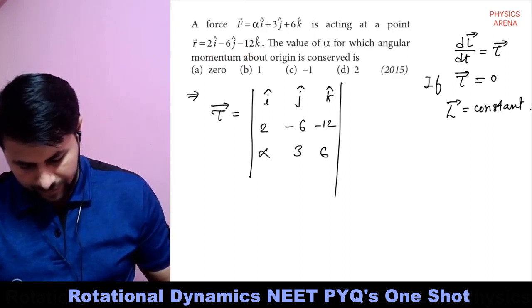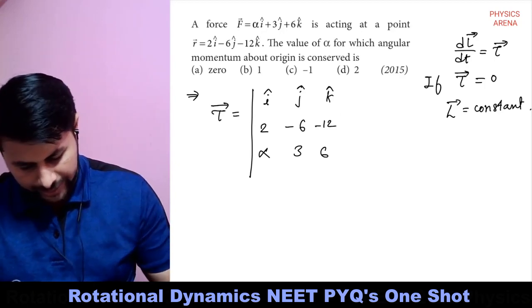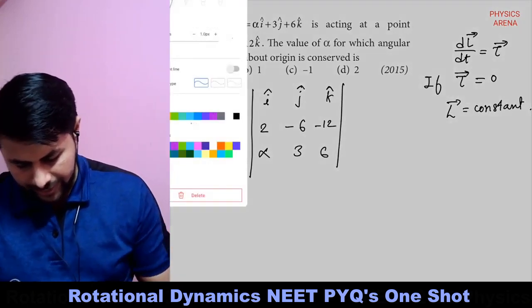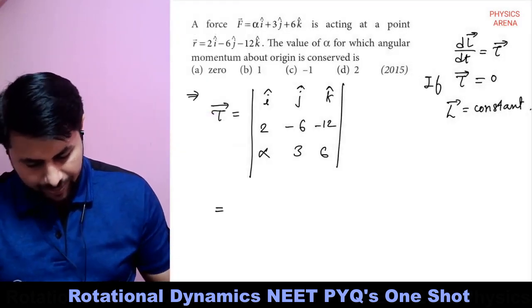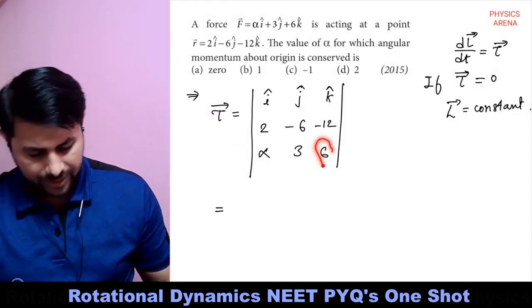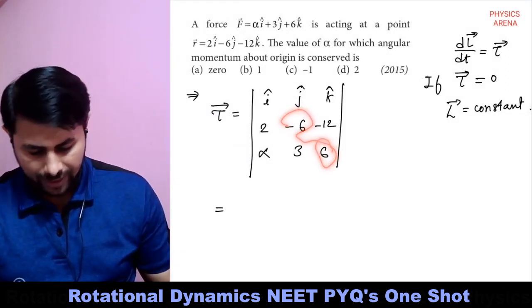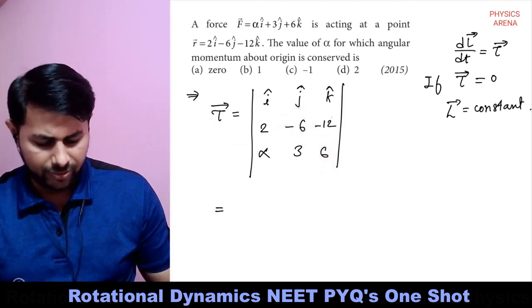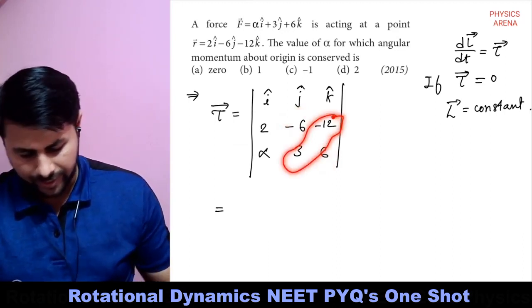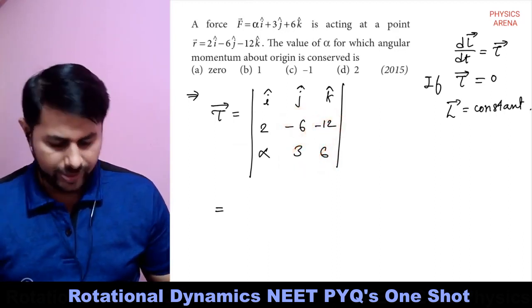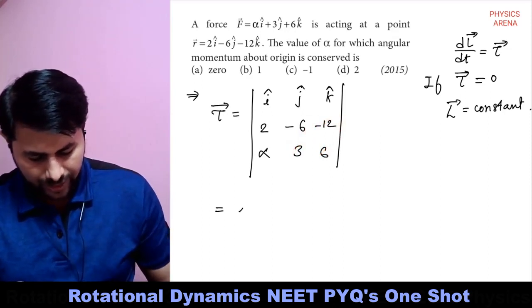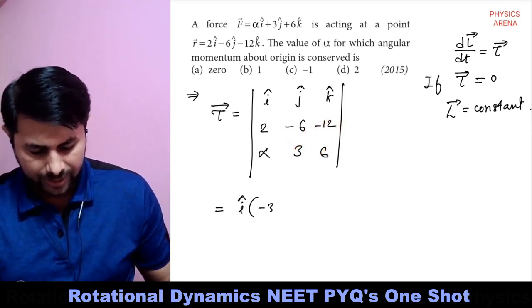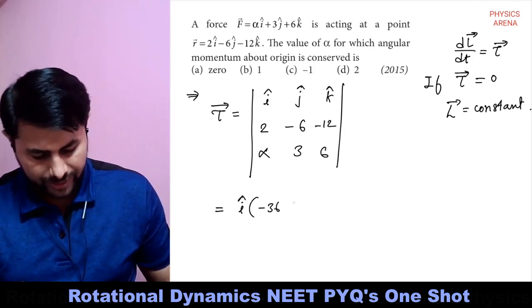Let's solve this. So we get i cap multiplied by 6 times minus 6 is minus 36, minus 12 times 3, this will be positive. So i cap multiplied by minus 36 plus 36.